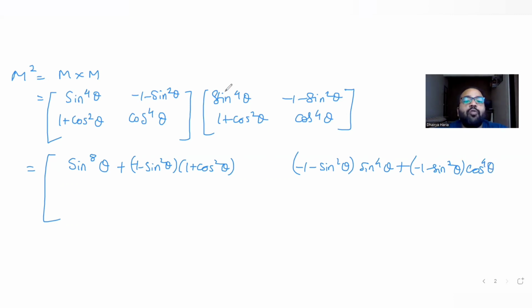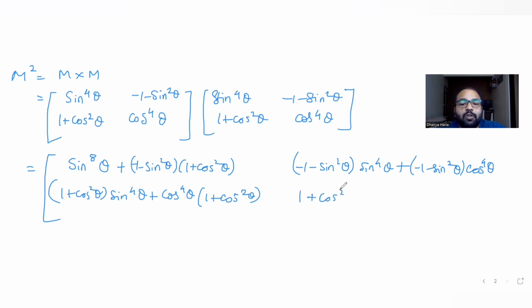Next, the second row with the first column gives 1 plus cos square theta multiplied with sine raised to 4 theta, plus cos raised to 4 theta multiplied with 1 plus cos square theta. For the last element, 1 plus cos square theta multiplied with minus 1 minus sine square theta, plus cos raised to 4 theta into cos raised to 4 theta, which gives cos raised to 8 theta.